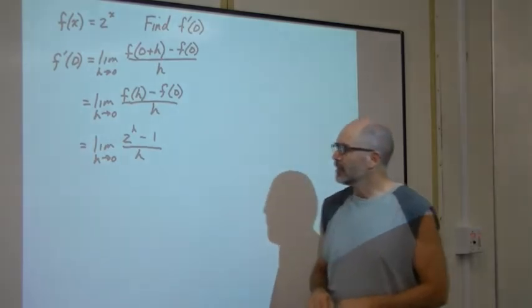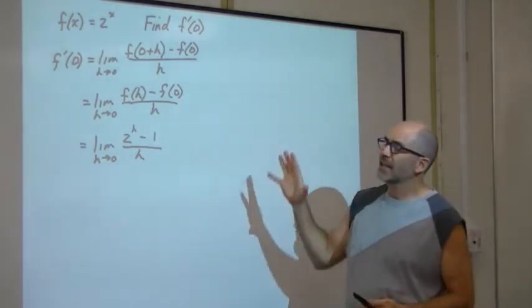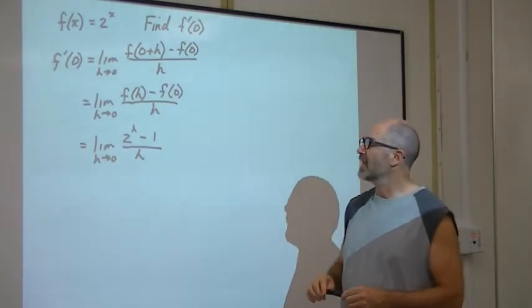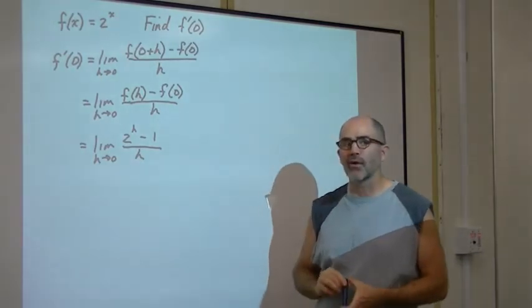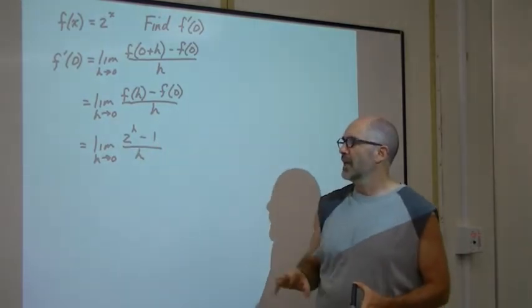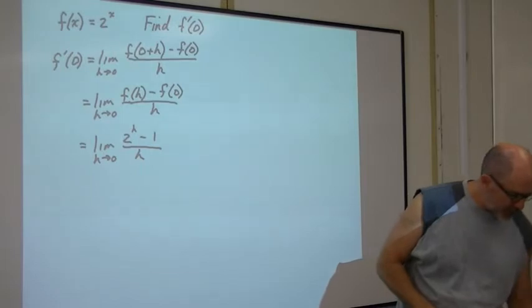Okay, so what will we do? Well, we have two options. One, like we did in the very first section of the chapter, we just start putting h values in that get closer and closer to 0 and see what this whole fraction ends up equaling. So if you look on page 160, that's what they're doing.